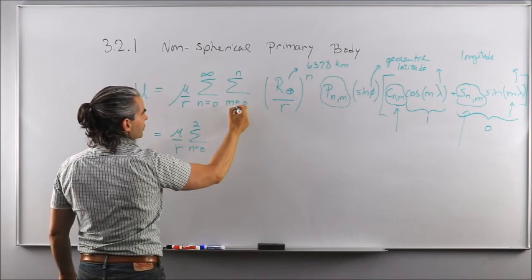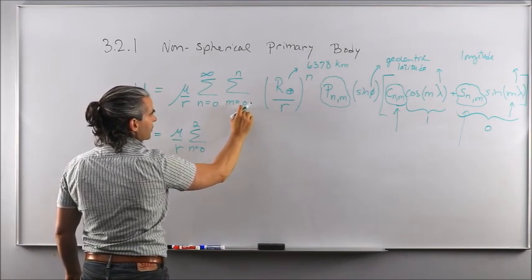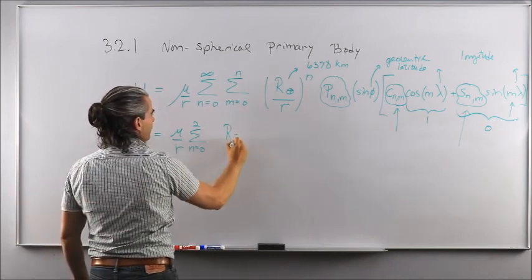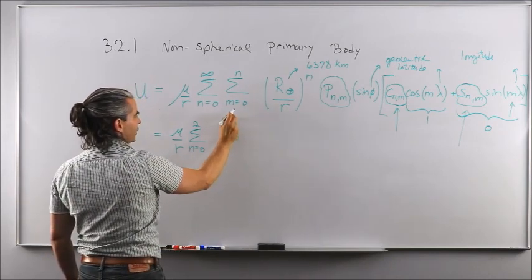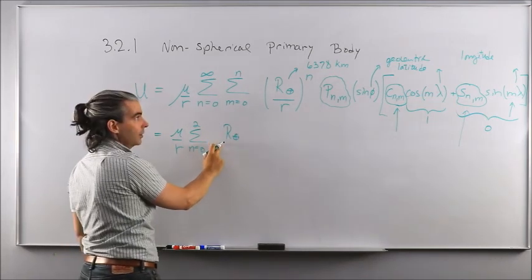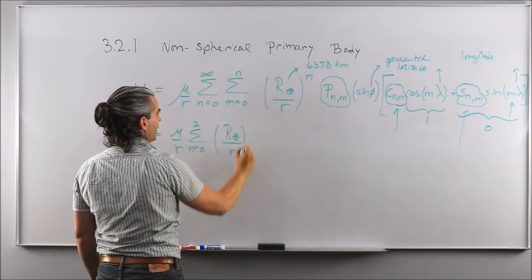And here we don't have a summation anymore because m is equal to 0 and remains at 0. So we're going to have our mean equatorial radius of the Earth, that's our 6,378 to the power n.